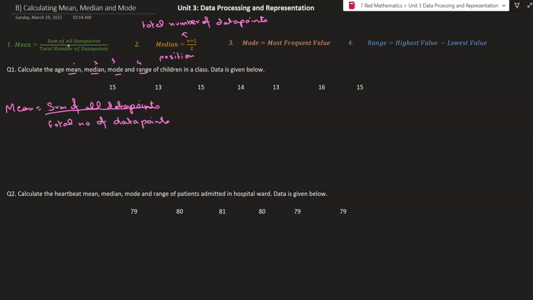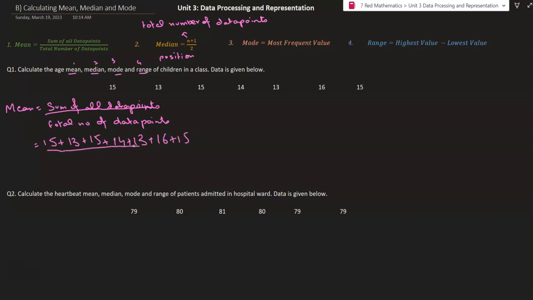So I'm just writing this formula again here. And so sum of all data points means that I have to add all of these values. So that's 15 plus 13 plus 15 plus 14 plus 13 plus 16 plus 15.